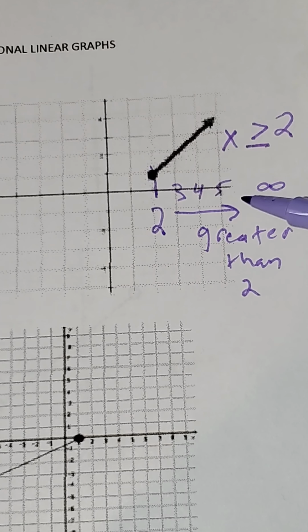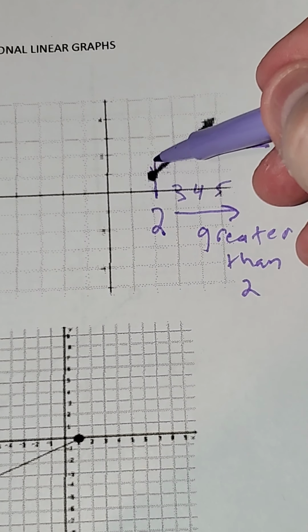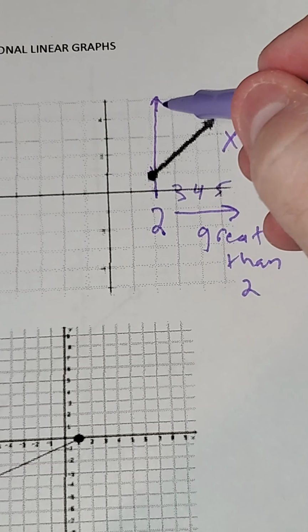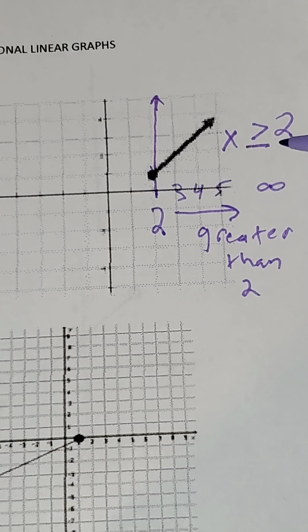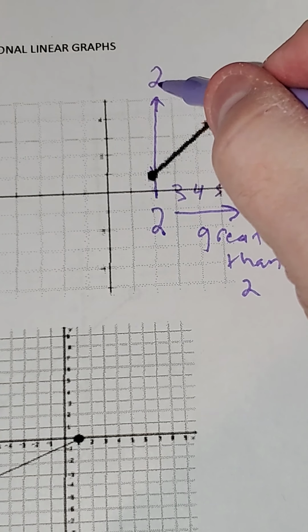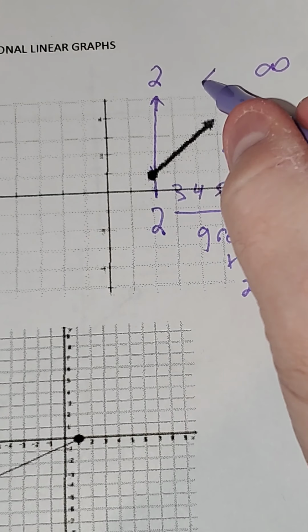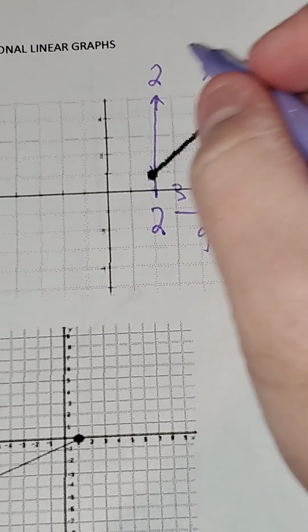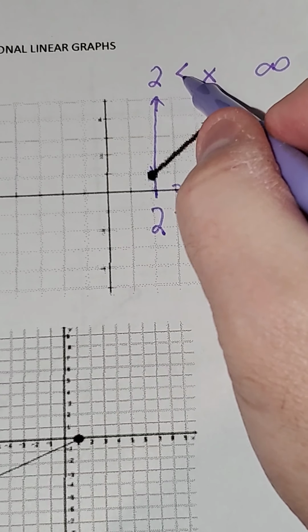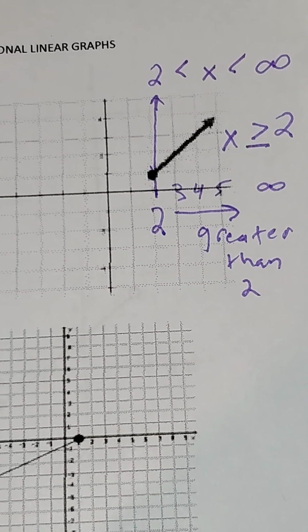Now, if this technique doesn't help you out, you can always write your domains like this, but you are going to have to know this at some point because it's a requirement. But if you notice here that we go from 2, and this arrow means we go to infinity, okay? This is on the x line, and of course, if we write it in this technique, both arrows will point to the left.